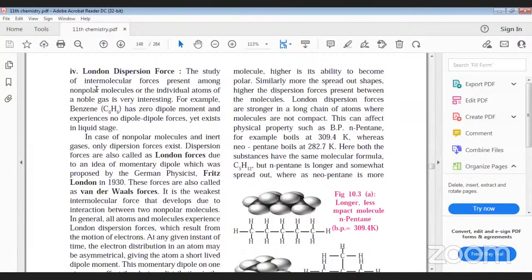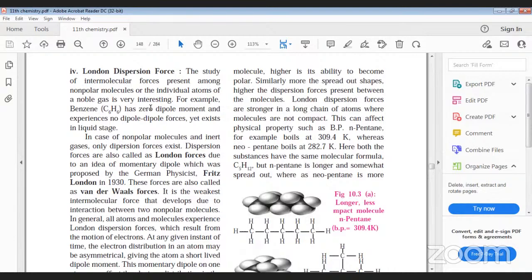So what are London dispersion forces? It is a study of intermolecular forces present among non-polar molecules or individual atoms of a noble gas, which is very interesting. See, students, here no polar molecule is involved. We have seen in ion-dipole interaction where polar molecules were there. In dipole-dipole also polar molecules are there.